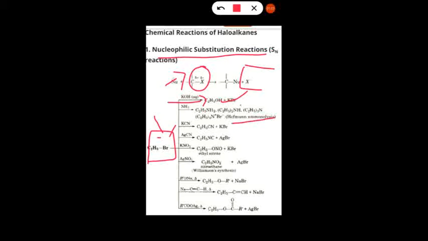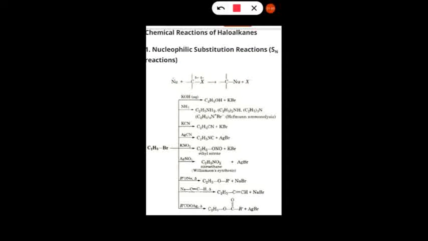Ammonolysis indicates that in ammonia, NH3, when it reacts with alkyl halide, all the H is replaced and substituted by alkyl groups.